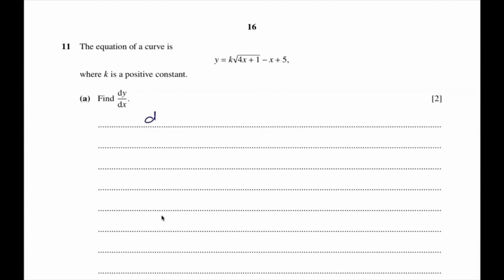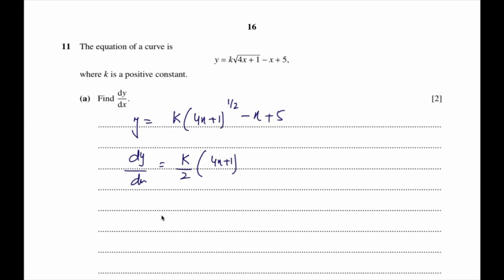So dy by dx is basically equal to k times 4x plus 1 to the power of half minus x plus 5. dy by dx would be k times half, that is k upon 2, 4x plus 1, reduce the power by 1, so half minus 1 is minus half, times the differentiation of 4x plus 1, that is 4. Differentiation of minus x is minus 1 and differentiation of constant term is 0. So dy by dx is 2k times 4x plus 1 to the power of minus half minus 1.